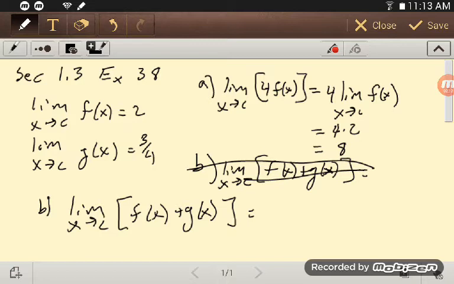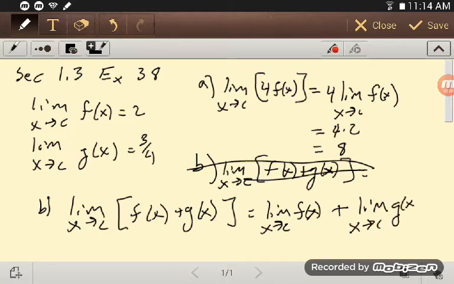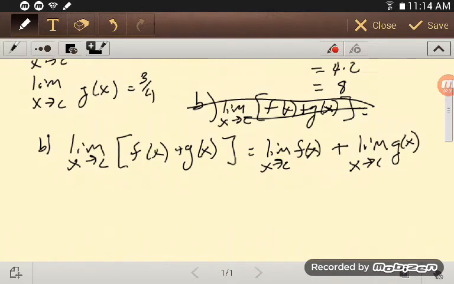Well, again, properties of limits, I can break that into the limit as x goes to c of f of x, as long as those limits exist, and they do, we're told that, and the limit as x goes to c of g of x. And so that's 2 plus 3/4, and so I can write that as 2 3/4 or 11/4, which I guess I would prefer, or 2.75, something along those lines.